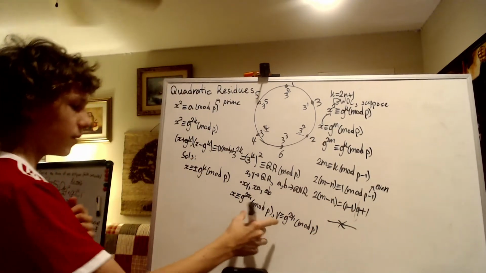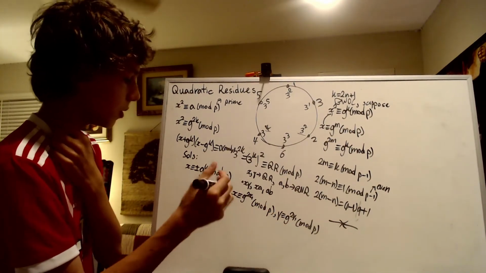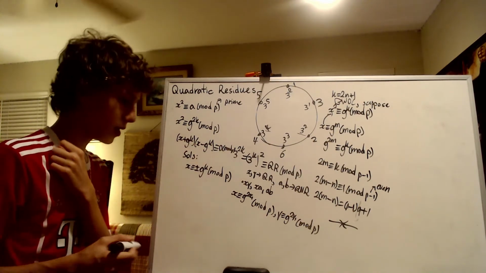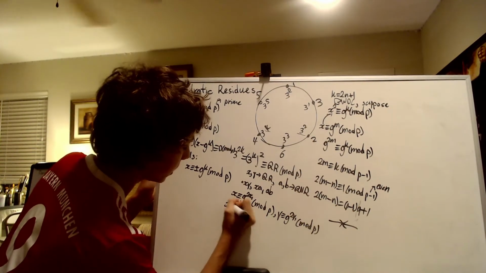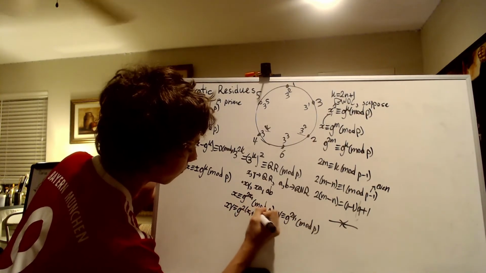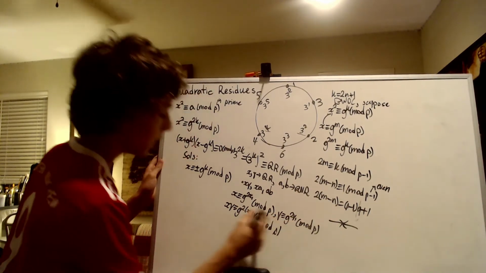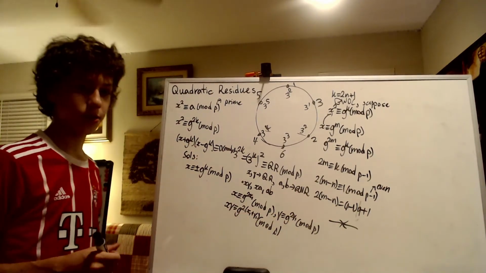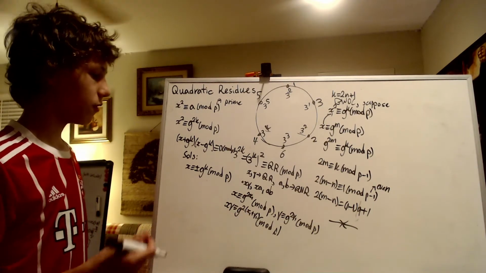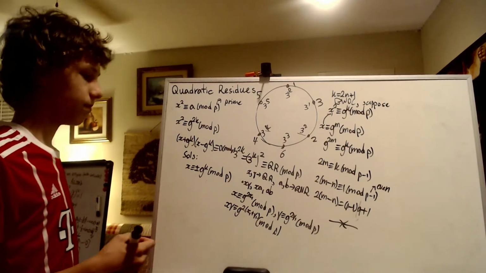So now what happens when we multiply these? Well, we just add the powers, g to the 2 times (x1 plus y1). Or in other words, xy is g to the 2(x1 plus y1). But since this is an even power, this is still a quadratic residue. Therefore, if we multiply two quadratic residues, we get another quadratic residue.